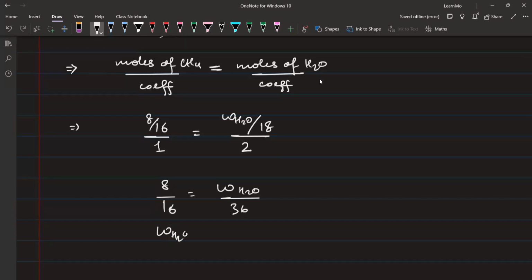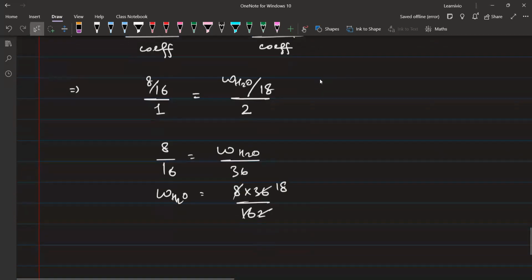So W of H2O is equal to 8 into 36 divided by 16.